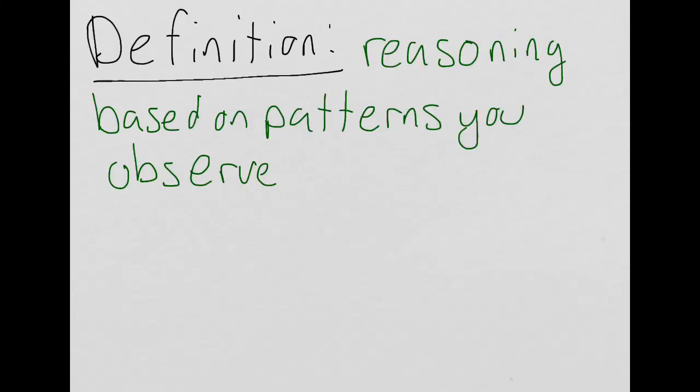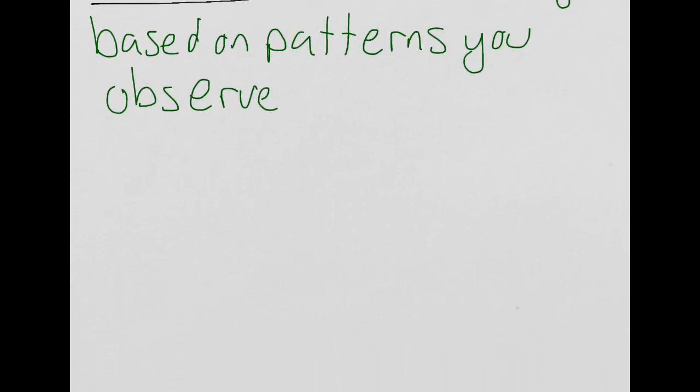Okay, so let's take a closer look at our definition for inductive reasoning. The definition of inductive reasoning is reasoning based on patterns you observe. There are actually a couple of steps that we use in particular when we use inductive reasoning.